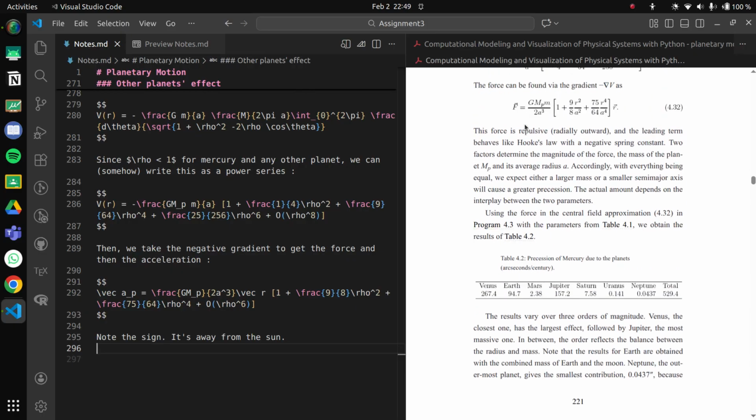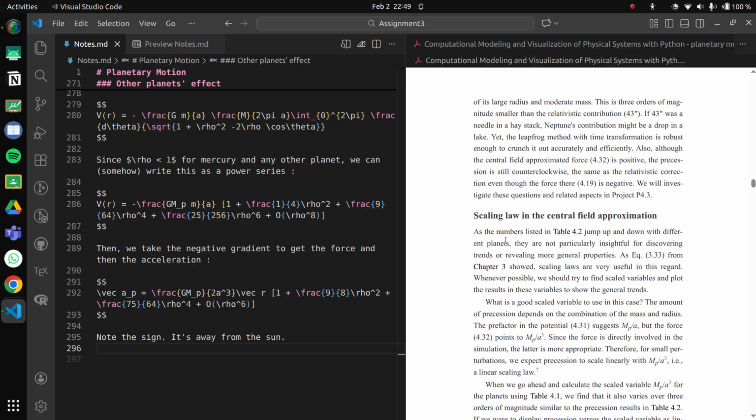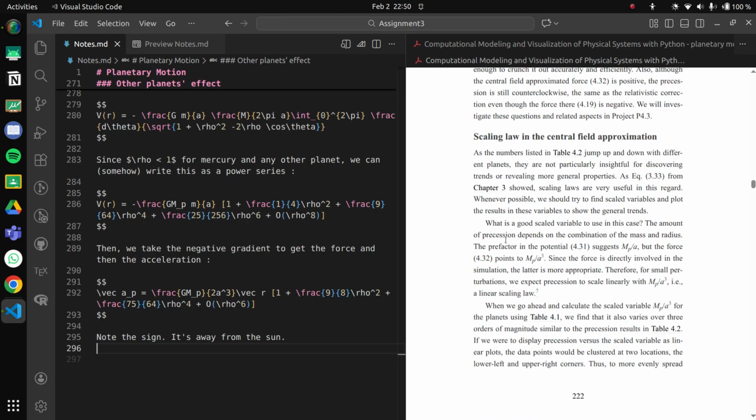Hey, wait a second. The radius of the orbit, of course. Yeah. Scaling laws in the central field approximation.